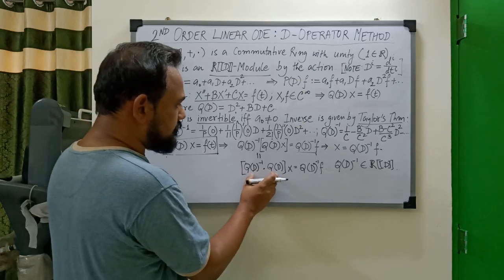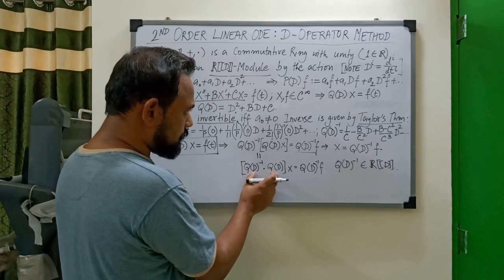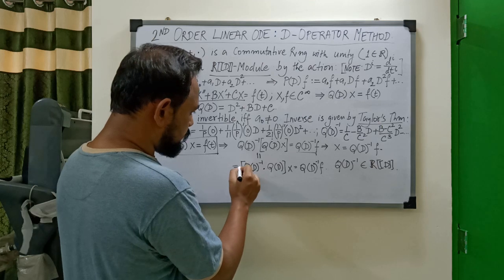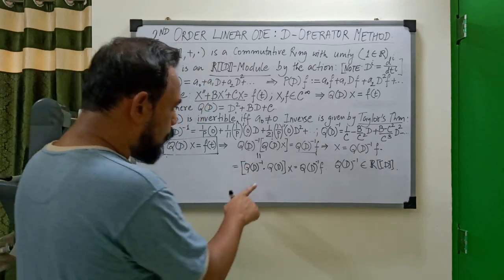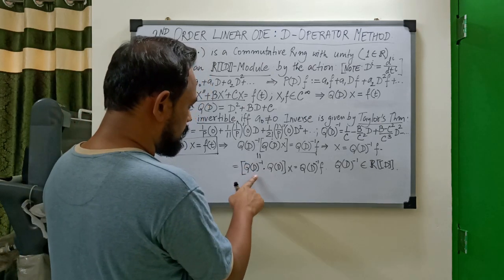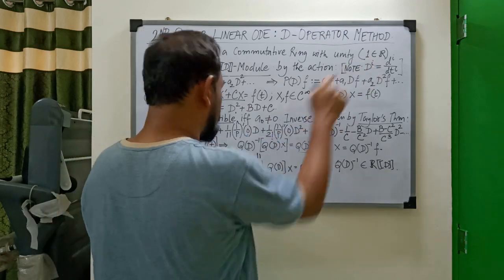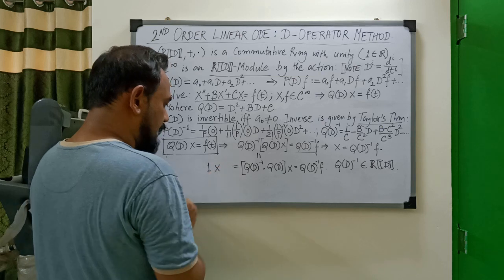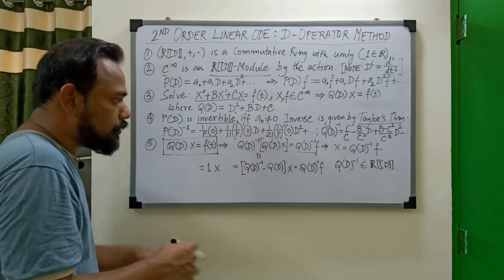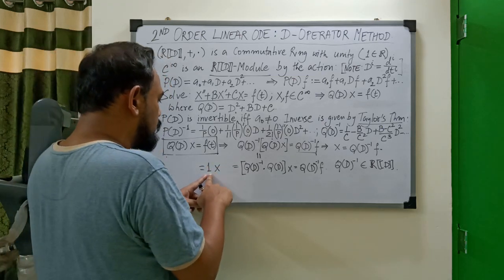But since they are inverses of one another, this really is 1. Because this is the inverse and it should give you 1, the unity, remember? And unity acts on X, again by our definition of a module.